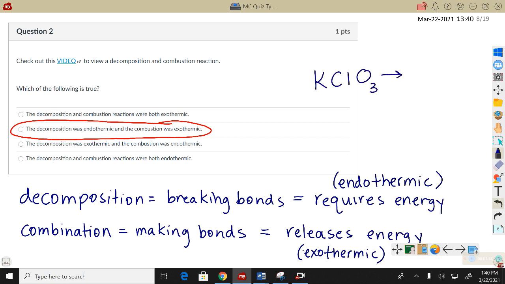And we added energy to form potassium chloride and oxygen. Now it's not balanced, I get it. But the energy was being added to split off the oxygen. I wanted to break that bond and separate the oxygen from the potassium and chlorine.